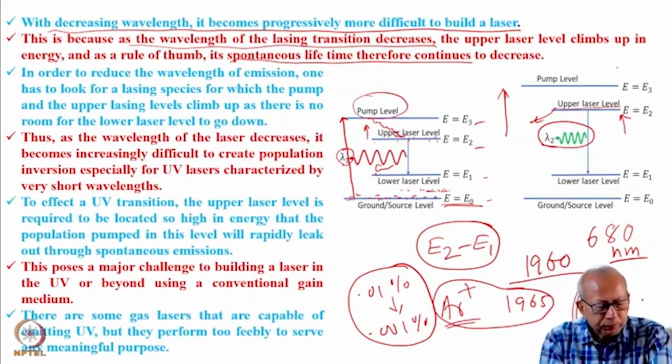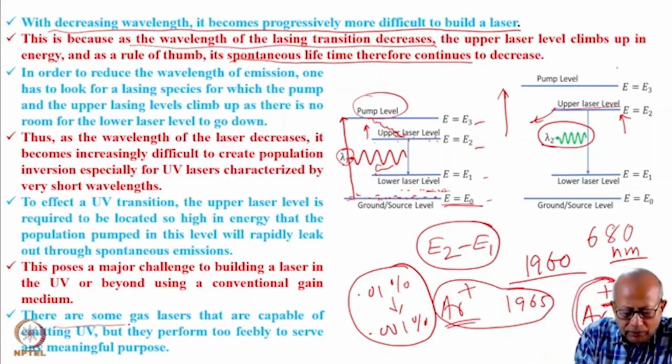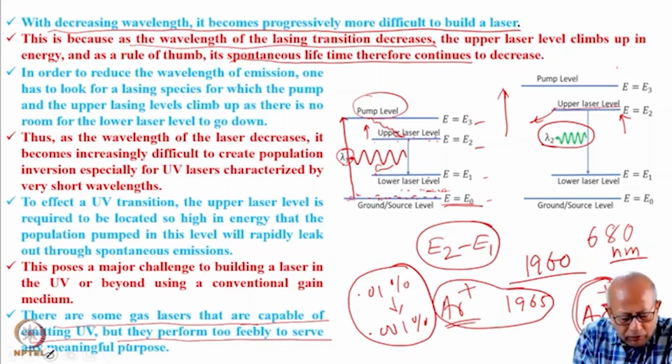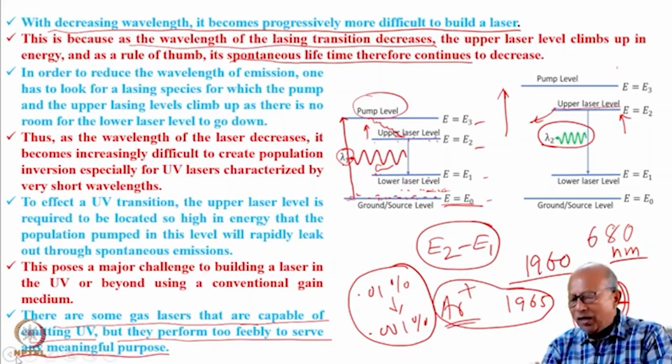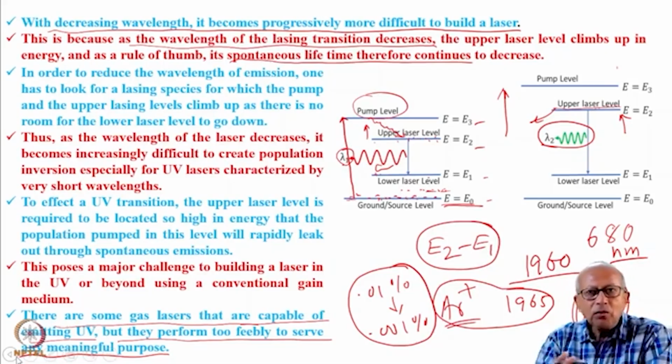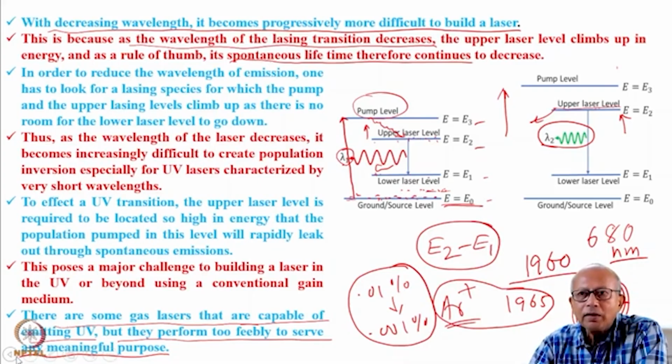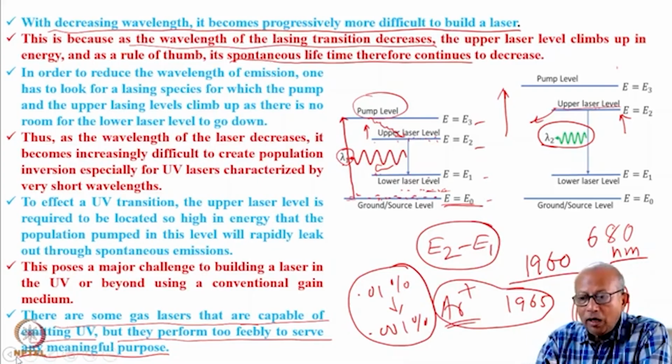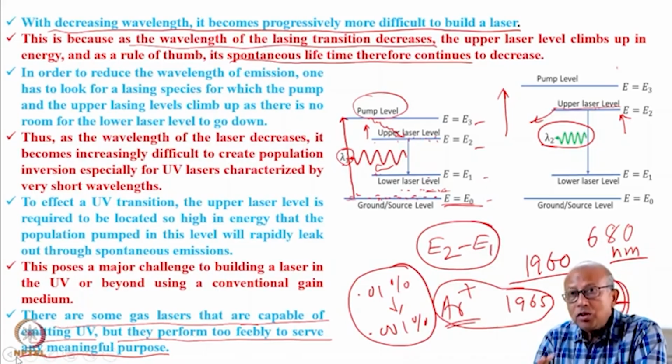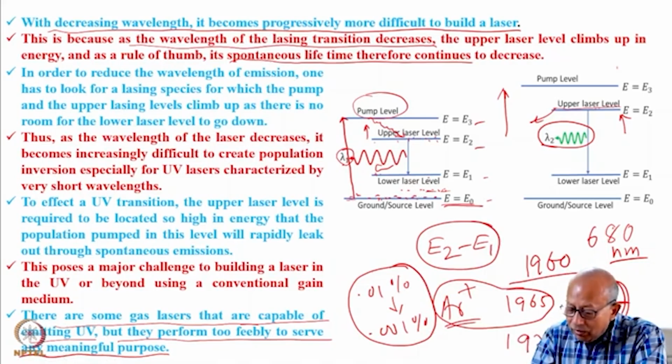That's why there are some gas lasers like ion lasers that are capable of emitting ultraviolet light, but they perform too feebly to serve any meaningful purpose. So they were not a very good candidate for that kind of application which we just mentioned. The excimer laser, which was actually the first real ultraviolet laser, operated sometime in the 1970s.